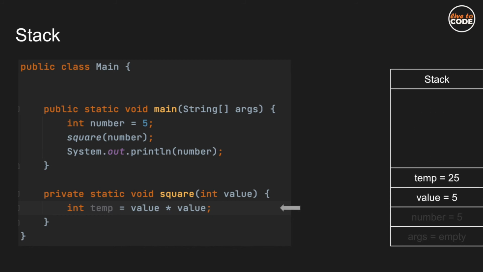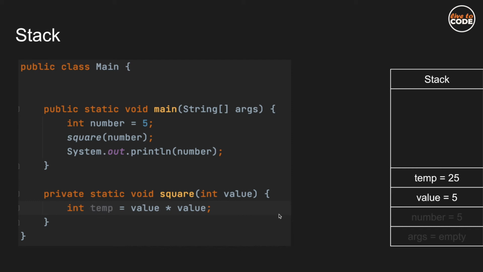Now value multiplied by value will be stored into the temp variable. Here value is 5, which multiplied by 5 gives the result 25, which will be stored into the temp variable. That temp variable is created in this line, so the newly created temp variable will be pushed into the stack.